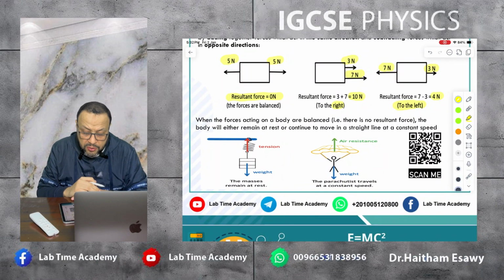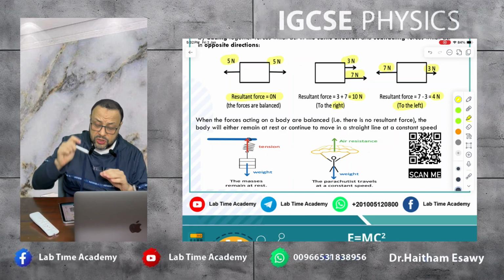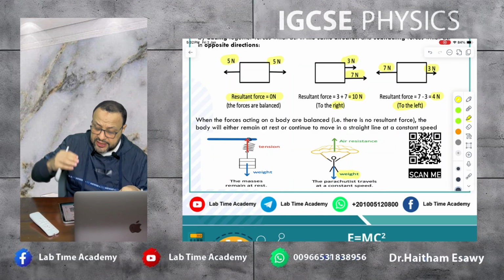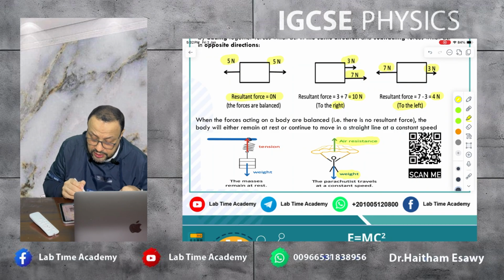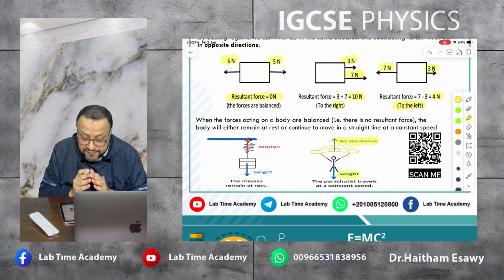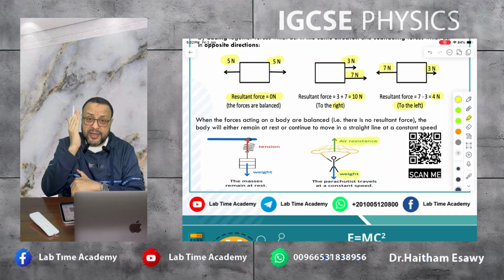Also, as we said about the parachutist, the parachutist here will be affected by two forces. One of them is the weight, which acts downward, and the second one, air resistance, acts upward. In this case, we have two forces equal to each other, working in opposite directions.